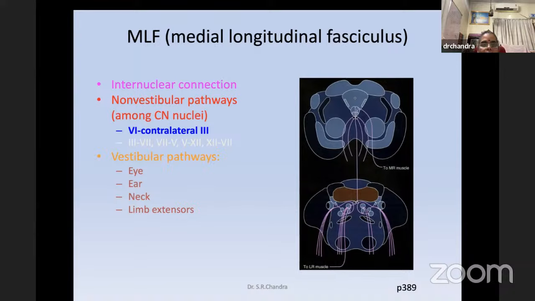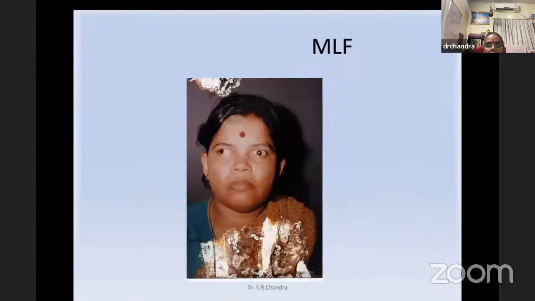So contralateral third nerve and ipsilateral sixth nerve are connected by the MLF. And it also has inputs from the eye, ear, neck, and limb extensors. So that is the medial longitudinal fasciculus.